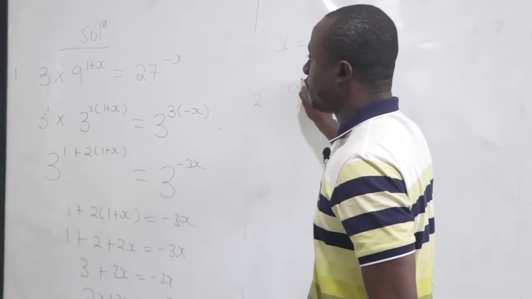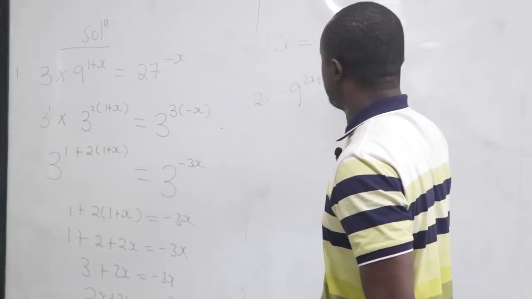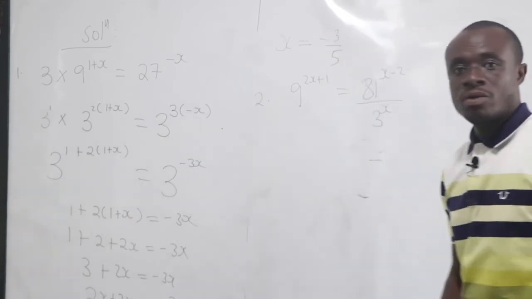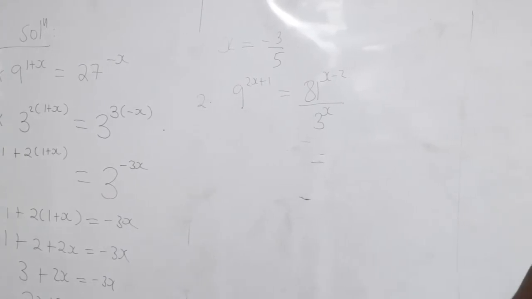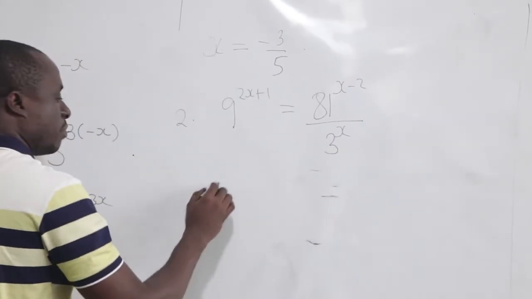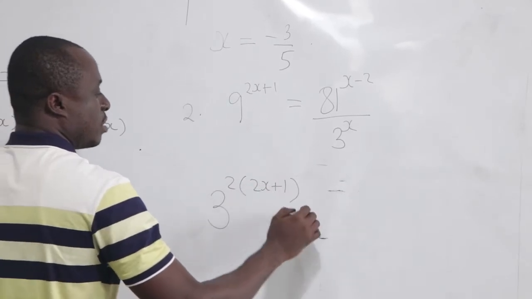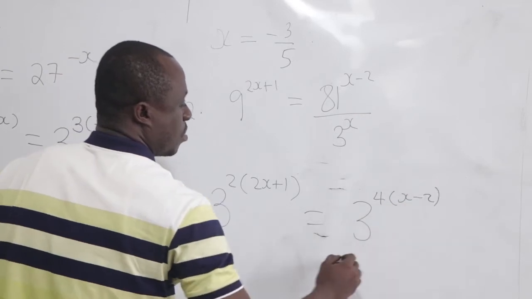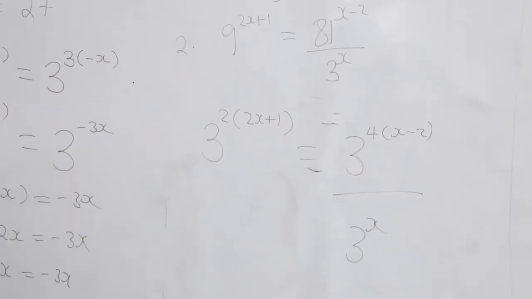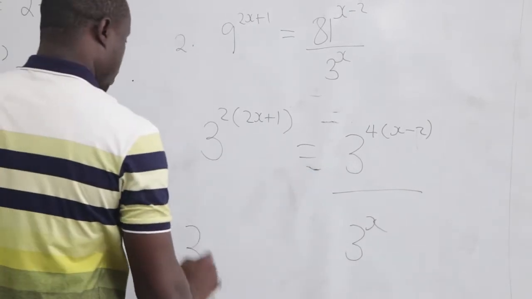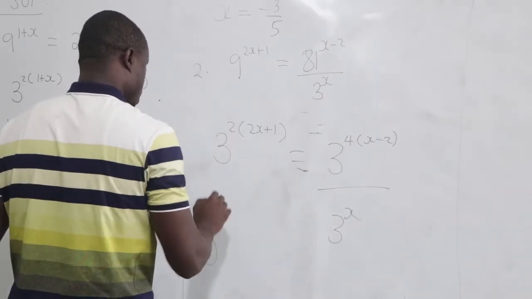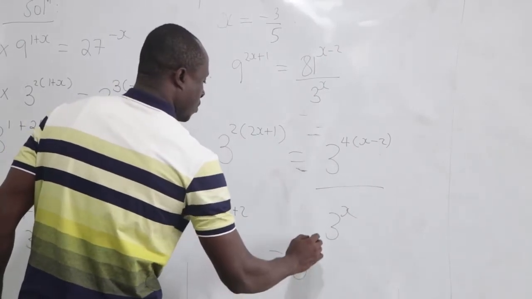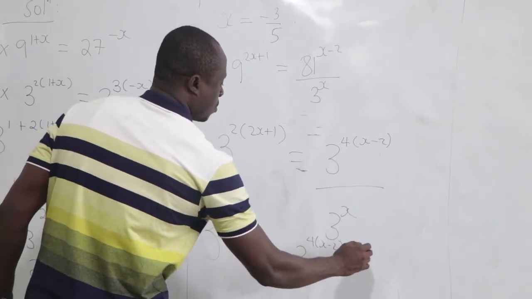We have 9 to the power 2x plus 1 equal to 81 to the power x minus 2 all over 3 to the power x. What are we supposed to do? Make all the bases the same. So here, 9 is 3 to the power 2. 3 to the power 2 times 2x plus 1 equal to 3 to the power 4x minus 2 all over 3 to the power x. Now we can expand the exponent on the left, we have 4x plus 2, equal to 3 to the power 4x minus 2 minus x.